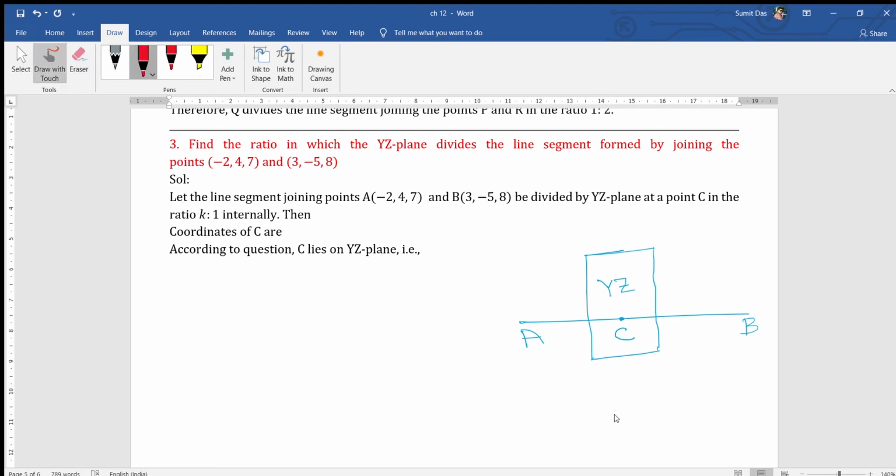The ratio is k is to 1. According to the question, C lies on the YZ plane.